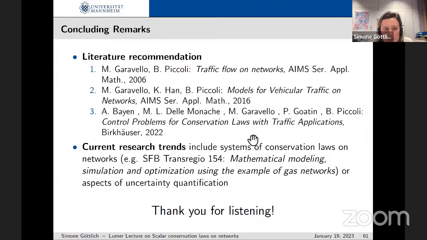This is a very hot topic, the case of conservation laws on networks are still a hot topic. One example might be the SFB Transregio, which is on the mathematical modeling, simulation, optimization in the case of gas networks. So they are mainly concerned with systems of conservation laws.